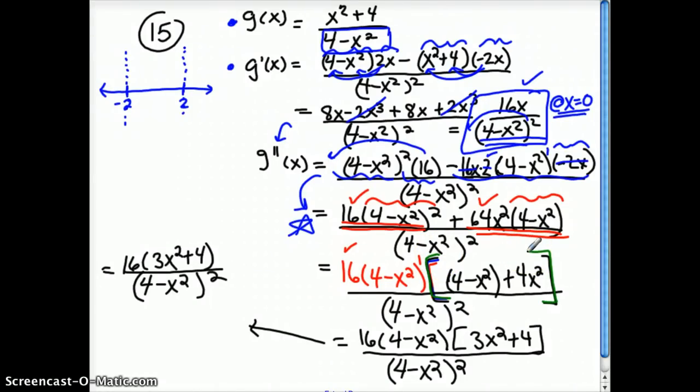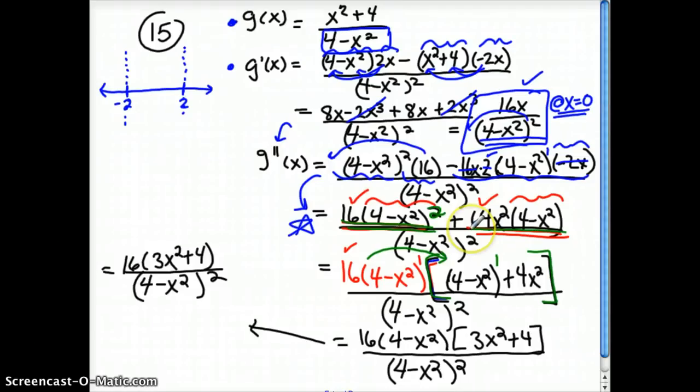It helps you organize. It also helps you remember to clean up whatever you do in there. So when I pull a 16 out of this front term and a 4 minus x squared, really all I need is one more 4 minus x squared. And if I distribute this back in, I've got everything I need: 16 times 4 minus x squared to the second power.